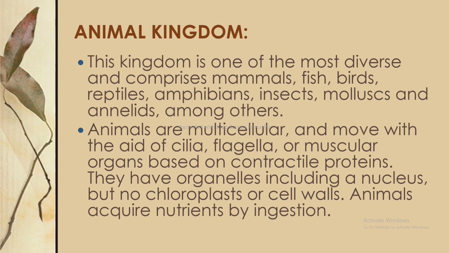Animals are multicellular and move with the aid of cilia, flagella, or muscular organs based on contractile proteins. They have organelles including a nucleus but no chloroplast or cell walls. Animals acquire nutrients by ingestion.